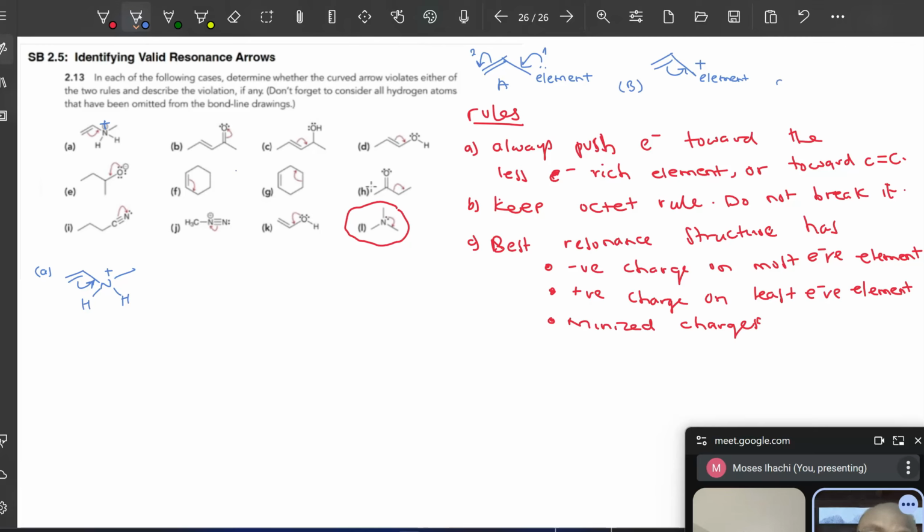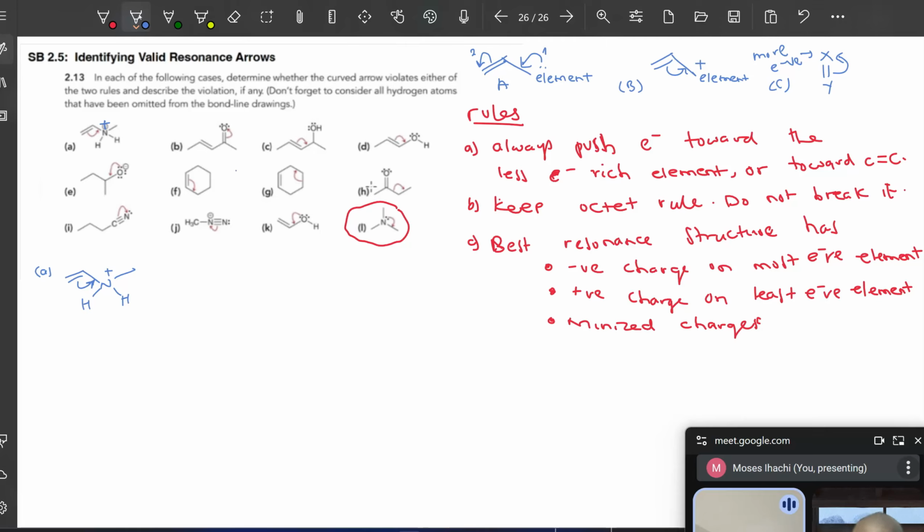Then case C, where if this is X and Y, you're pushing it towards the more electronegative. Those are the most common resonance patterns. It's the other set of rules.